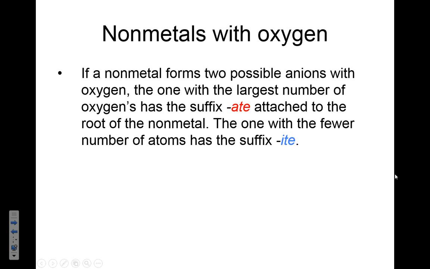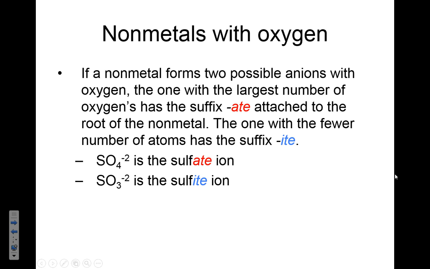The larger number of oxygens we always call the ate, and the smaller number of oxygens one we always call ite. So we've got 2 examples of that that you need to know for the test: sulfate, sulfite, and nitrate, nitrite. All you really need to recognize is if you know one of them, you know the other. So if I know sulfate is SO4, ite means 1 less oxygen. 4 becomes 3.